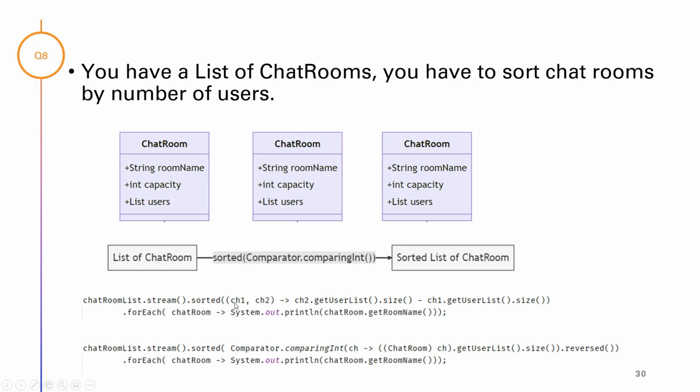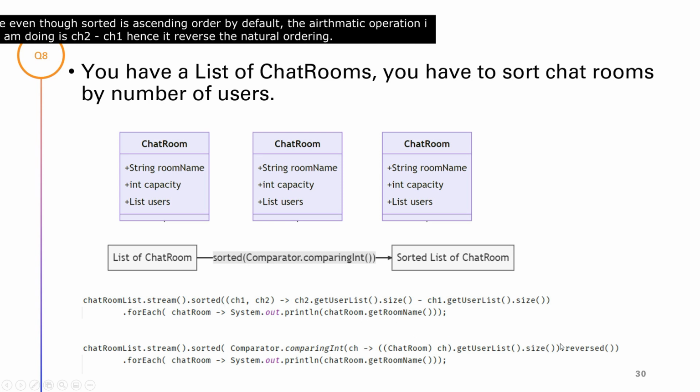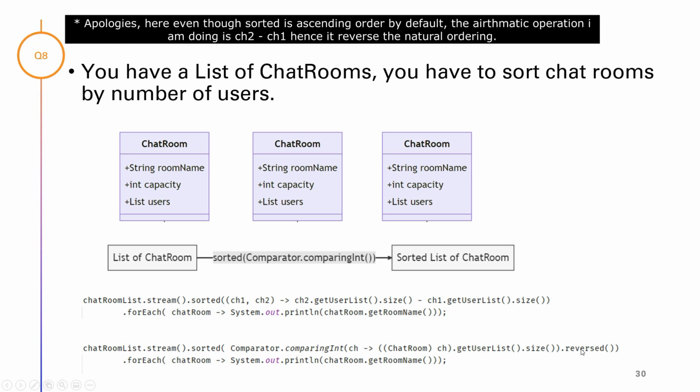Inside, I can compare the sizes of the lists, or I can use Comparator.comparingInt as well. If you want a descending order, you should use reversed. Remember that sorted always gives ascending order by default, and if you want descending order, you should use the reversed method.